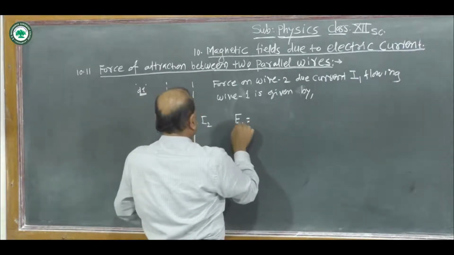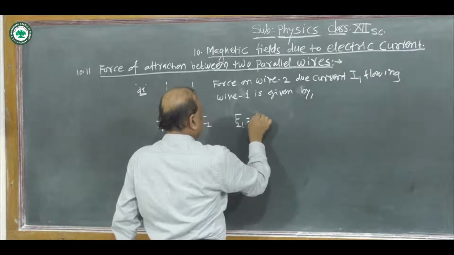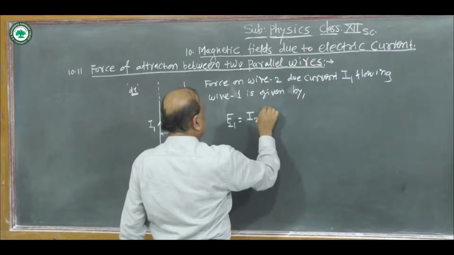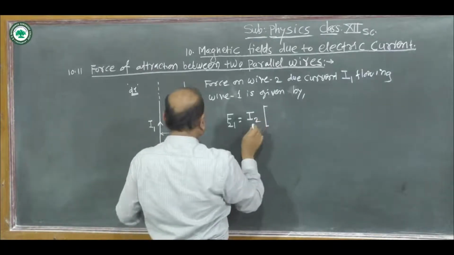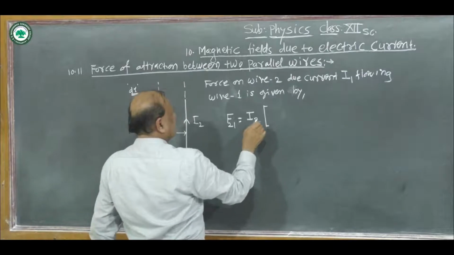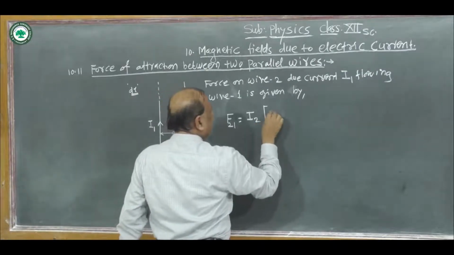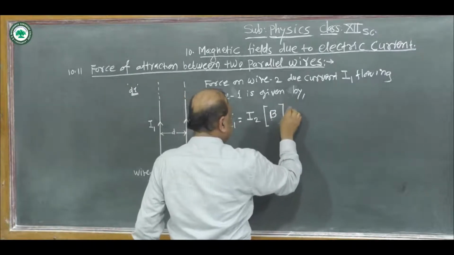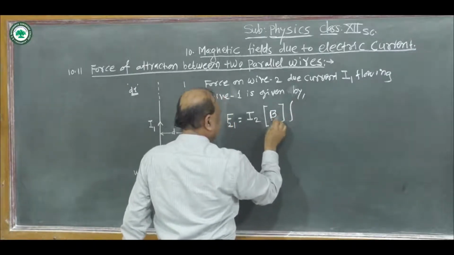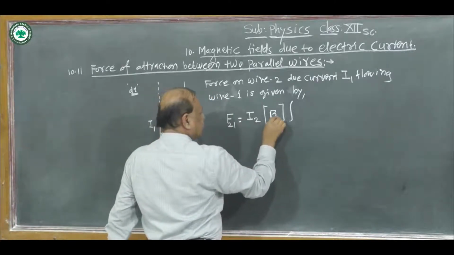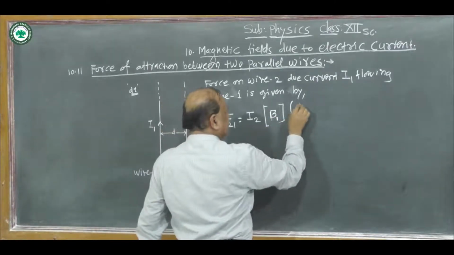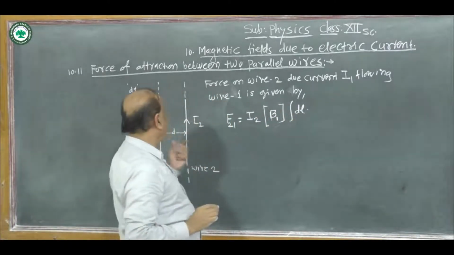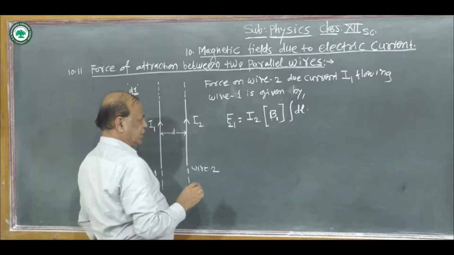Now the current flowing through this will be I2, into the value of magnetic field B, into the length. The magnetic field produced by wire 1, let us say, is B1 here, and the length will be the integration of dl, the length of wire 1 here.